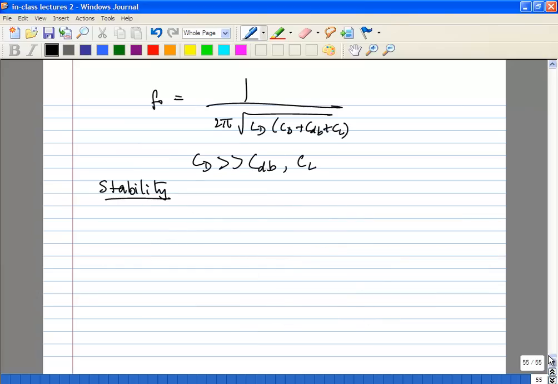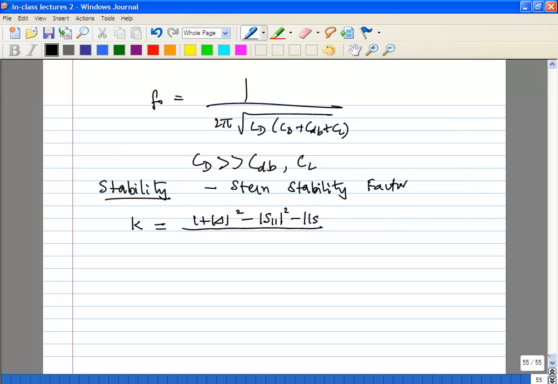Let's get back to our stability. This is characterized by what is called the Stern stability factor, which is represented by K. K is 1 plus mod delta squared minus mod S11 squared minus mod S22 squared, over 2 mod S12 mod S21.